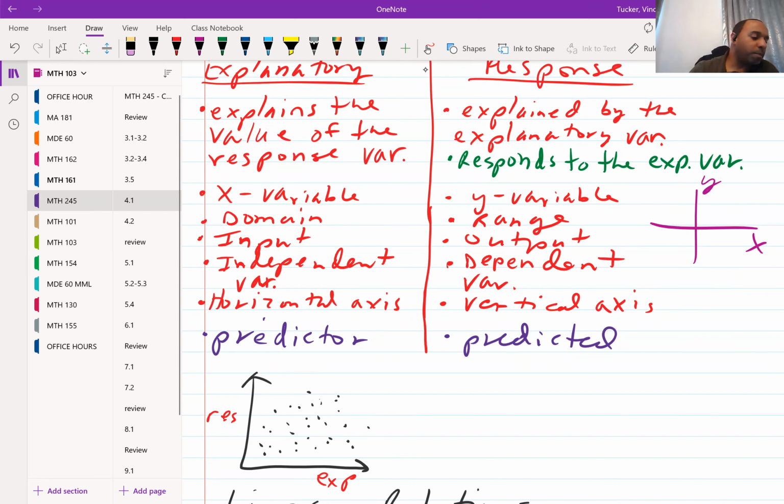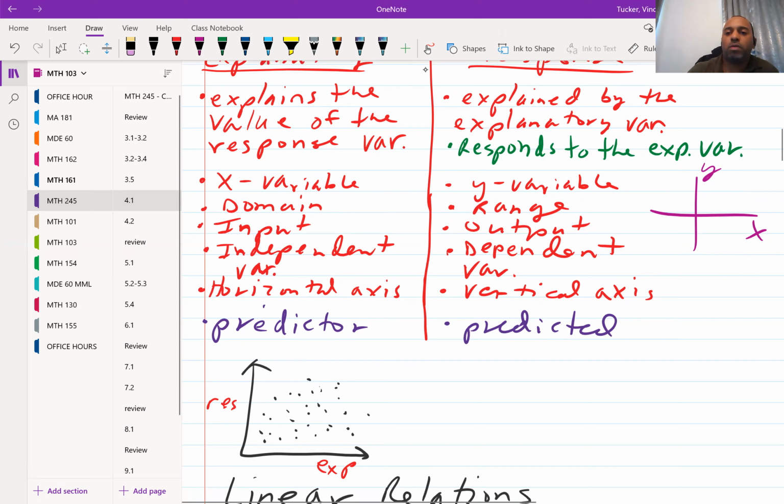But that's how it will look. All right, can I scroll up?